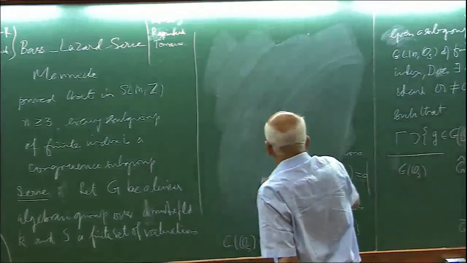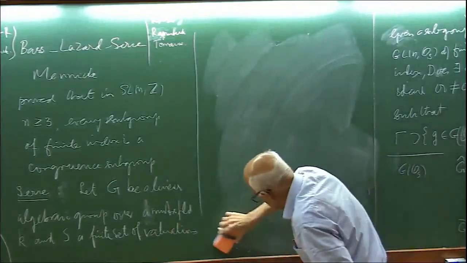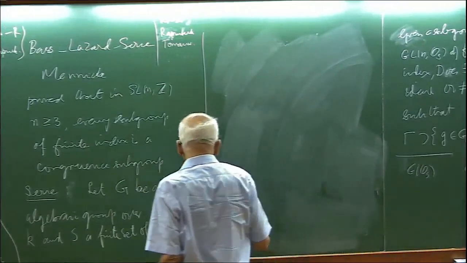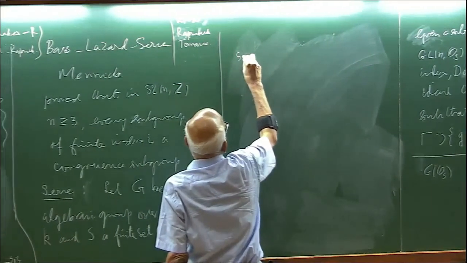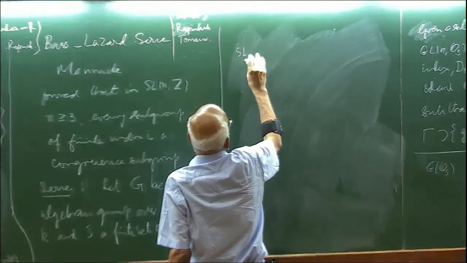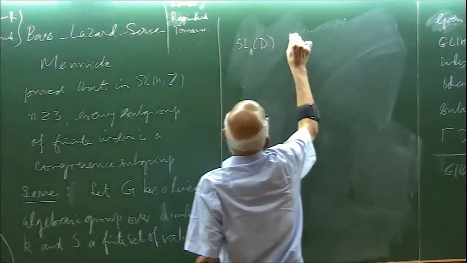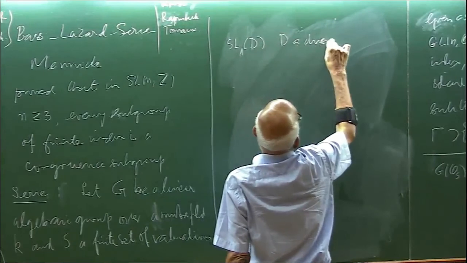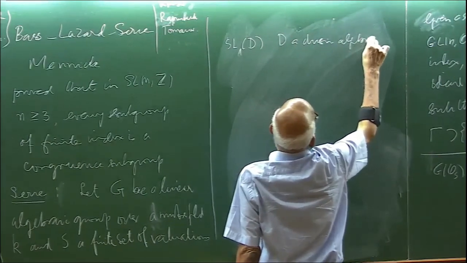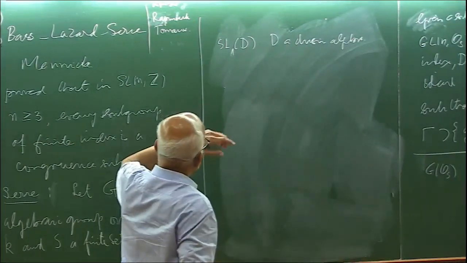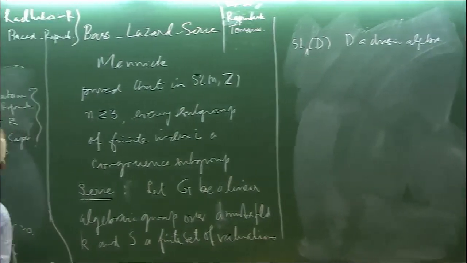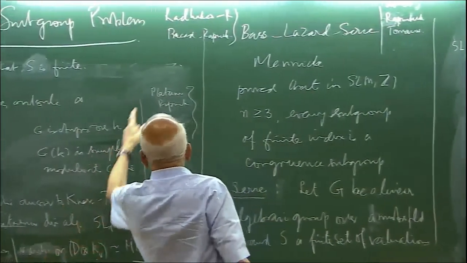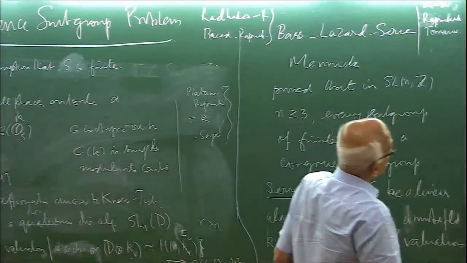Anyway, type An was the one which gave the maximum trouble, and some recent advance has been made in the case of groups of type An, that is, the groups SL1D, D a division algebra. So the theorem which has been proved, which will contain these results of Sagev, Margulis and Platonov, Rapinchuk, Sagev as special cases, is the following.